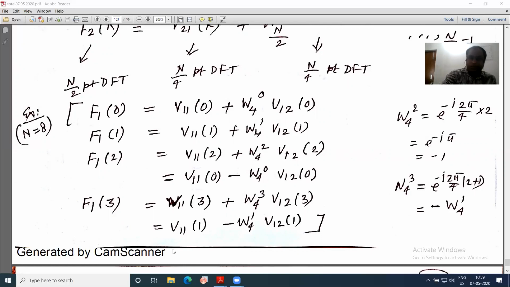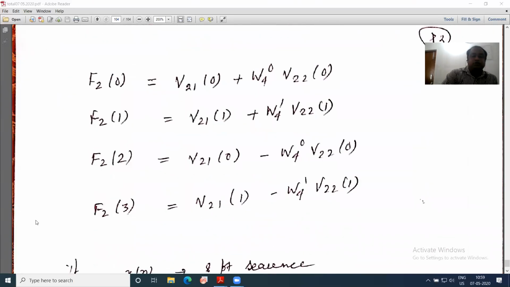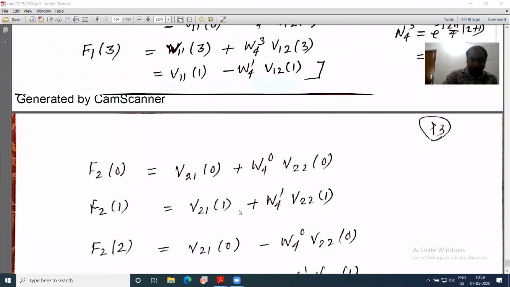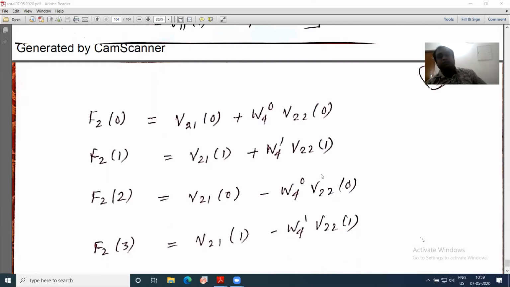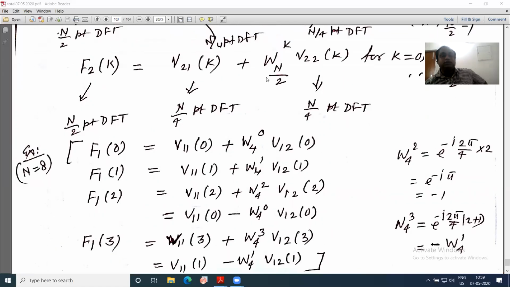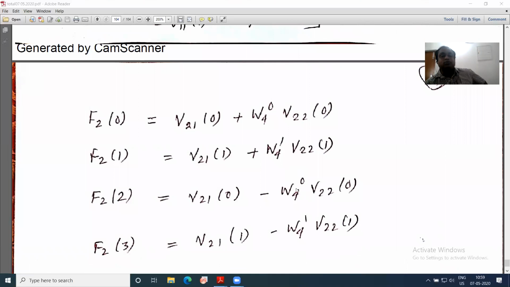Yes. Fine. So then f2 of 2 is equal to v21 of 0 minus W4^0 v22 of 0, because W4^2 equals minus 1, so I have written minus W4^0.